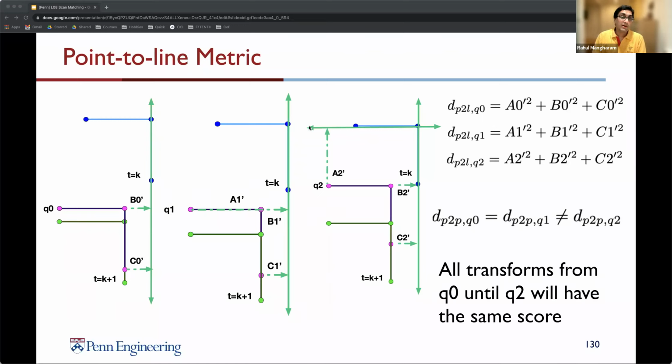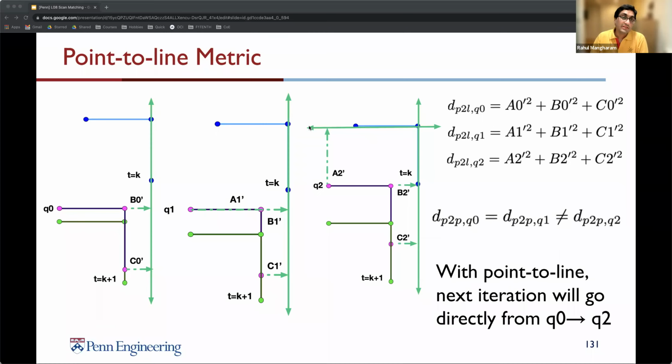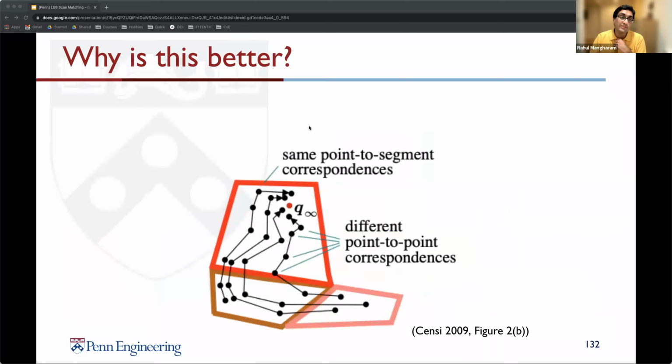In fact, all transforms from Q0 until Q2, which is the threshold of this change, will have the same score. So it's important from the perspective of an iterative algorithm, by using this point-to-line metric, since all the transforms starting from Q0 to Q2 will be the same. If the algorithm starts the search from the transform Q0, it will go directly to Q2 in the next iteration.